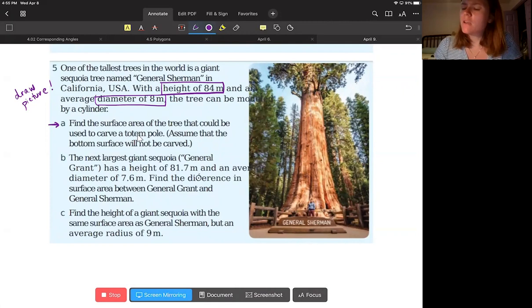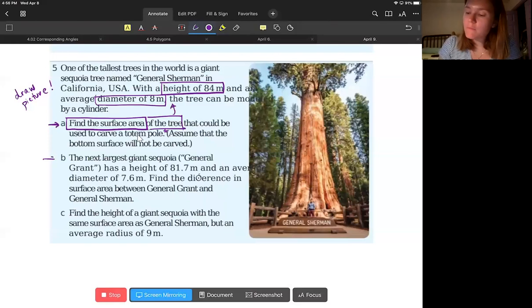Okay, a totem pole, they described this a little bit earlier in the chapter. We didn't go through part of that, but it's like a sculpture. A totem pole is a sculpture that's shaped like a cylinder. So it asks, find the surface area of the tree given these dimensions.